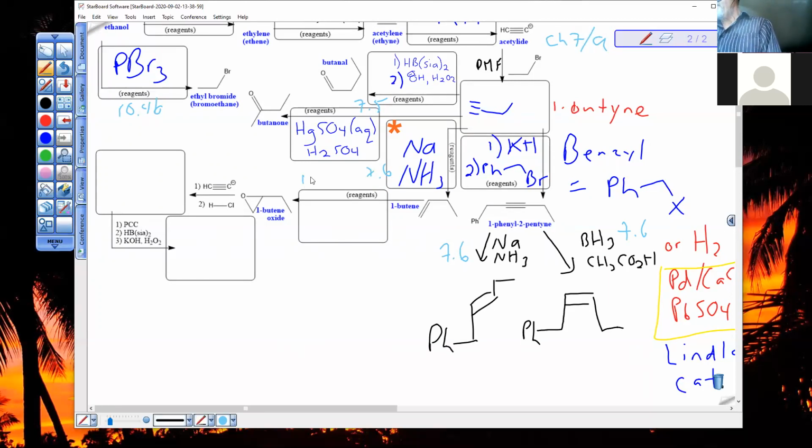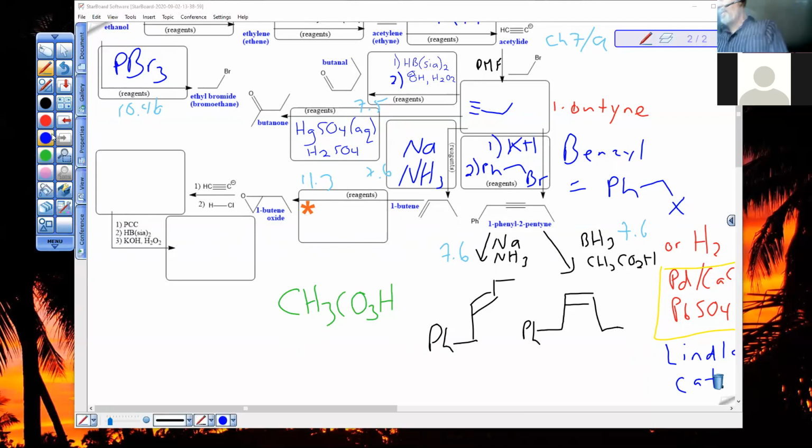And we used chemicals like this one, CH3CO3H. That's peracetic acid.